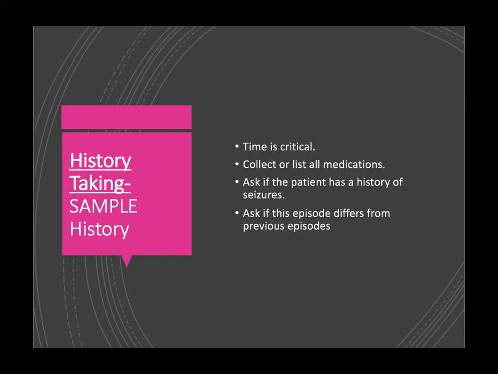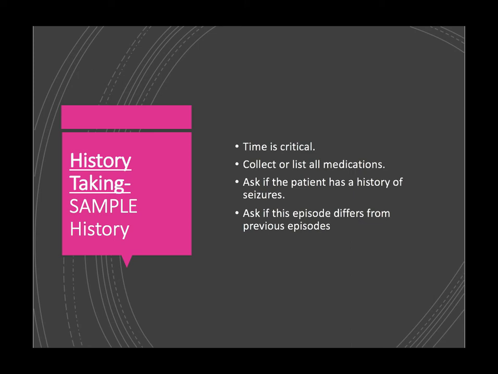I can't say this enough, that time is super critical, especially in a neurological emergency. So always make an effort to determine the exact time the patient appeared last healthy. Okay? Always ask about when the patient last appeared to be healthy. Get medications, ask if the patient has any history of seizures or stroke.